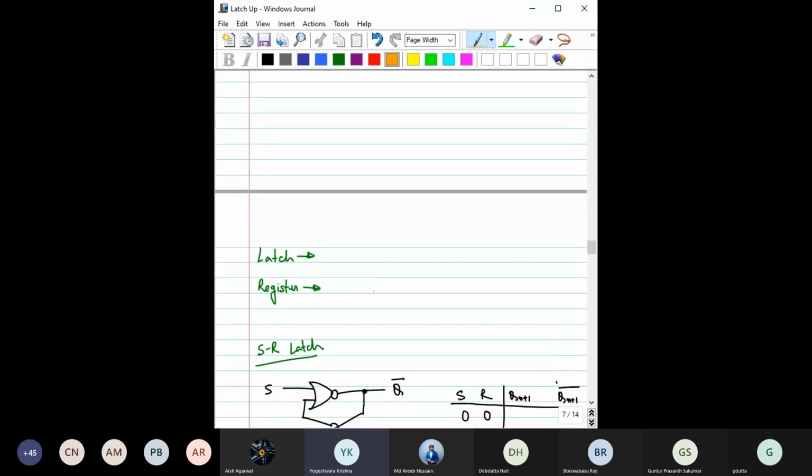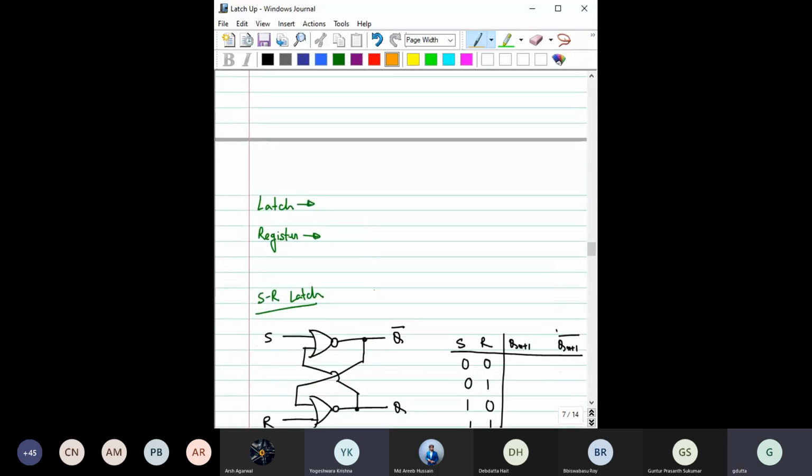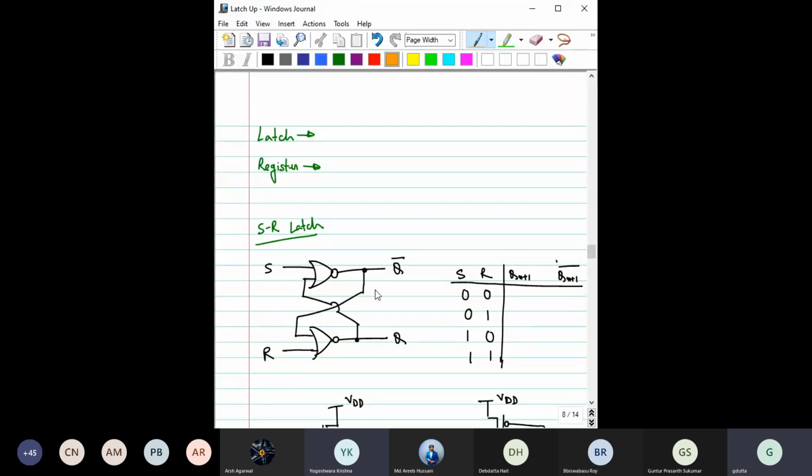Before starting the SR latch and all these things, let us discuss at least one thing: what is the difference between latch and register? It is with the level and edge.